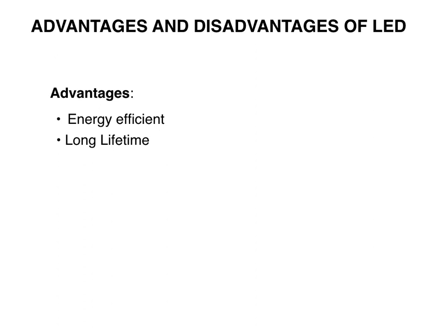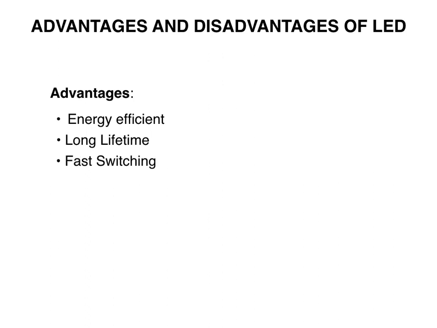Now, let us see the advantages of LED. Whenever LED bulbs are used for lighting, they are more energy efficient than conventional lights like incandescent lamps, CFL, etc. Long lifetime. The lifespan of LED lights is more than the conventional lights.